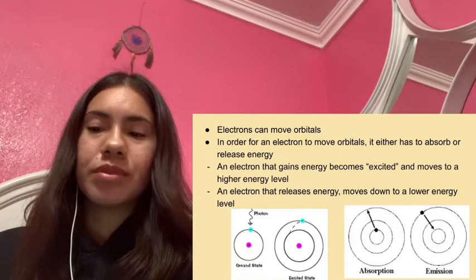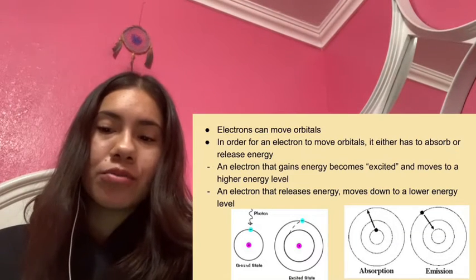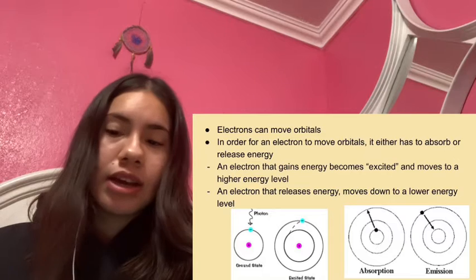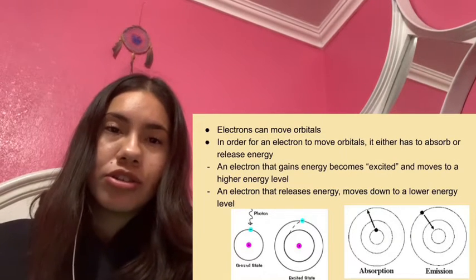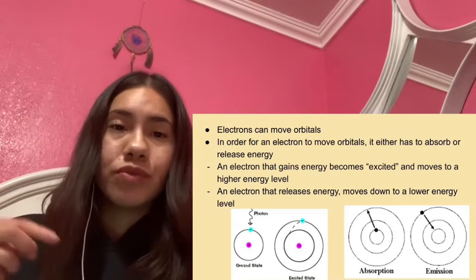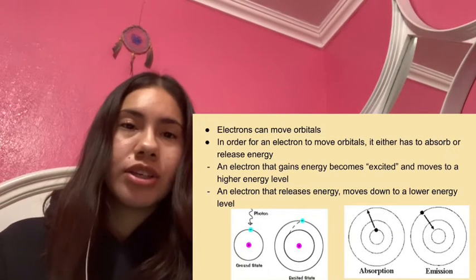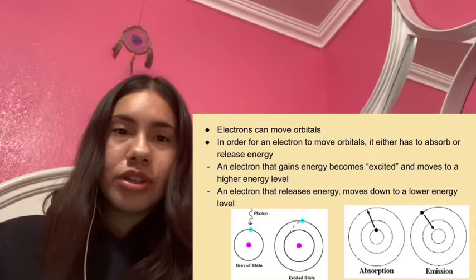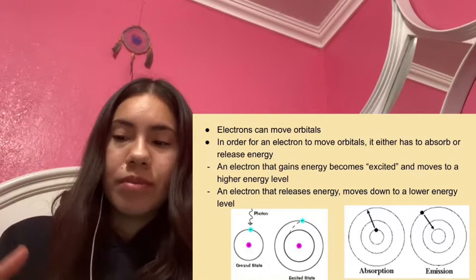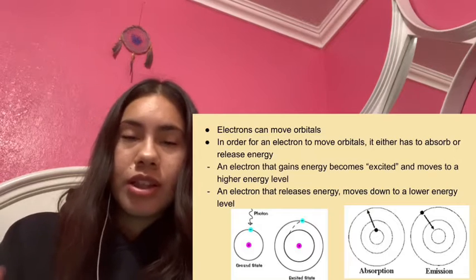They either receive or release energy as light. An electron that gains energy gets excited and moves to a higher energy level, and an electron that releases energy moves down to a lower energy level.